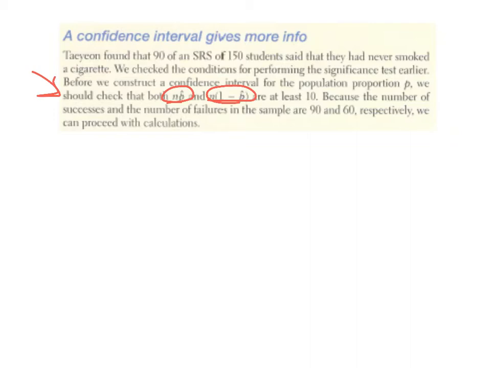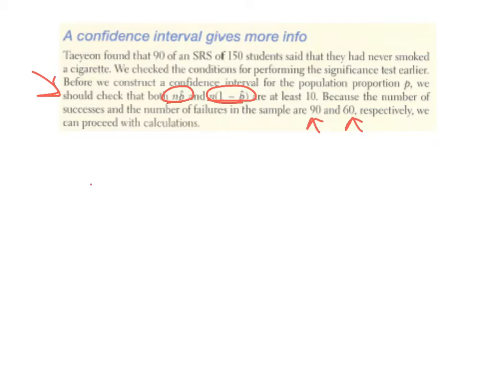And in this instance, they are both still greater than 10. I had 90 people say that they had never smoked, and then 60 that said they did. So I do need to double check my large counts because it was different. But then I can go ahead and calculate my confidence interval, a 95% confidence interval.